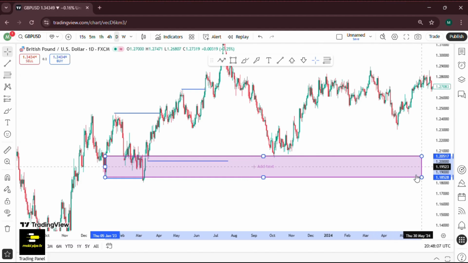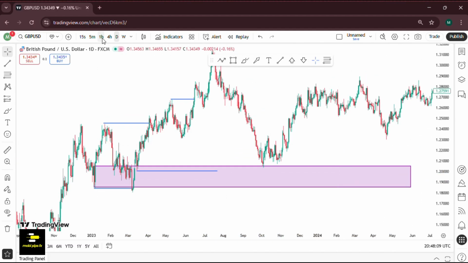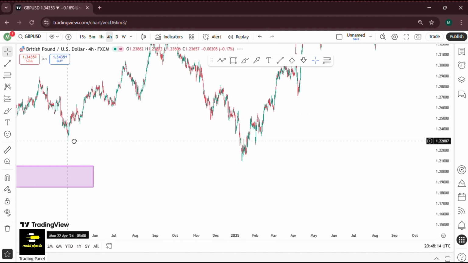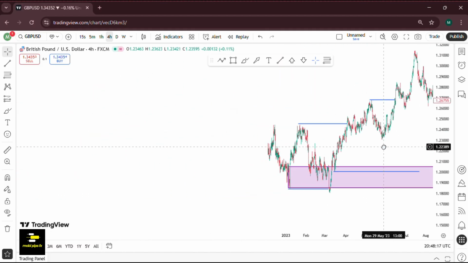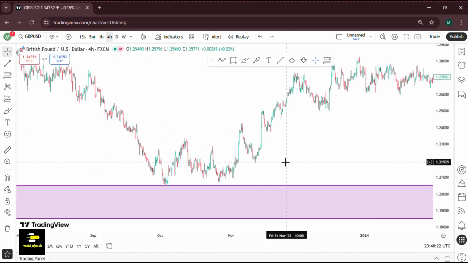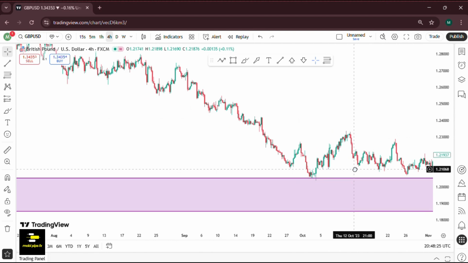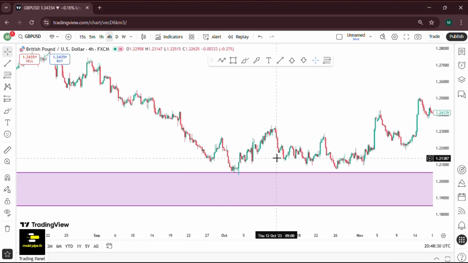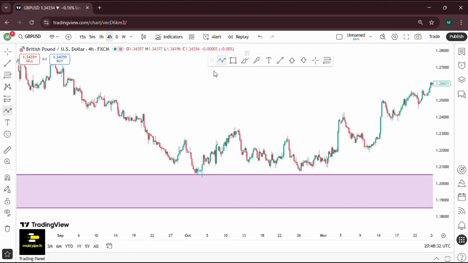I have marked my POI. So now all it takes for me is to go to the 4-hour time frame. I've left the daily time frame now. I've come to the 4-hour time frame and located the same setup. If I look here on the 4-hour time frame, I can see this. I can see this.